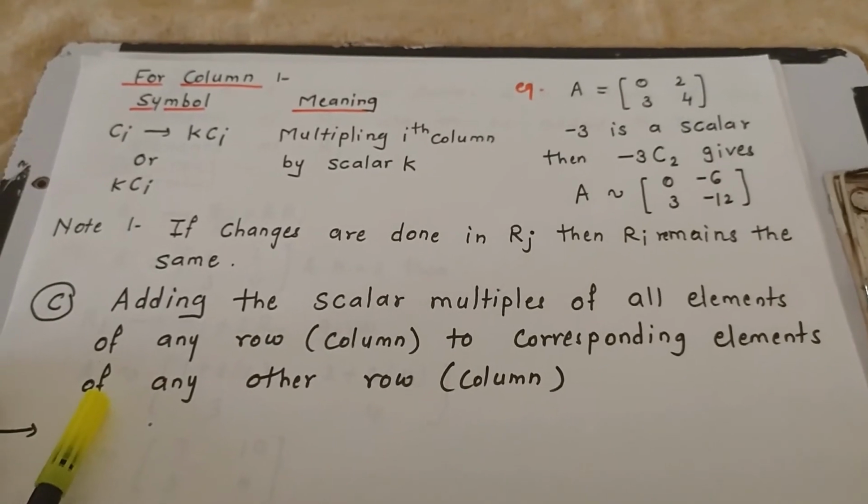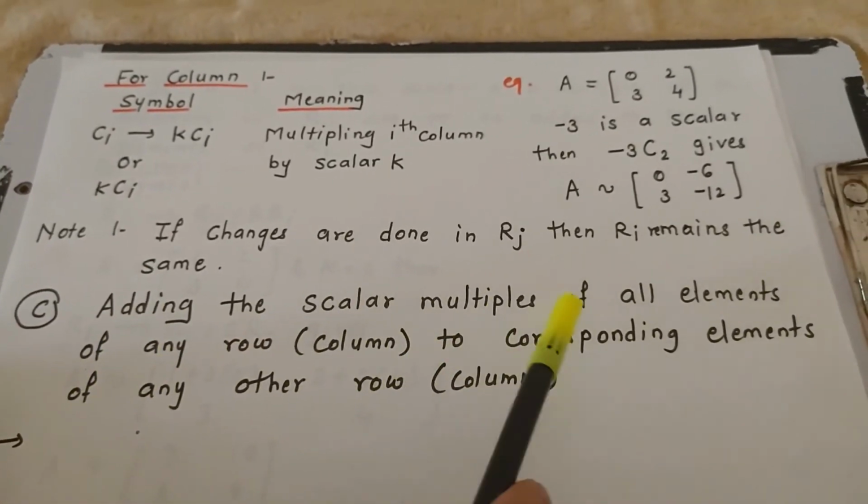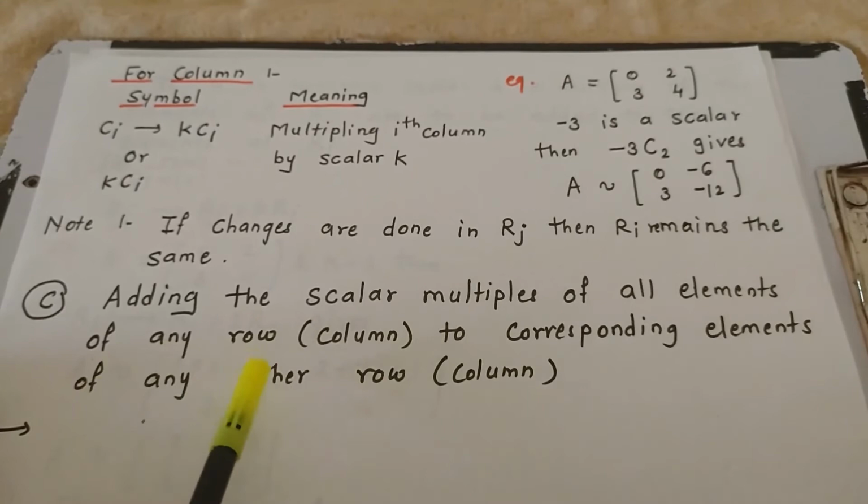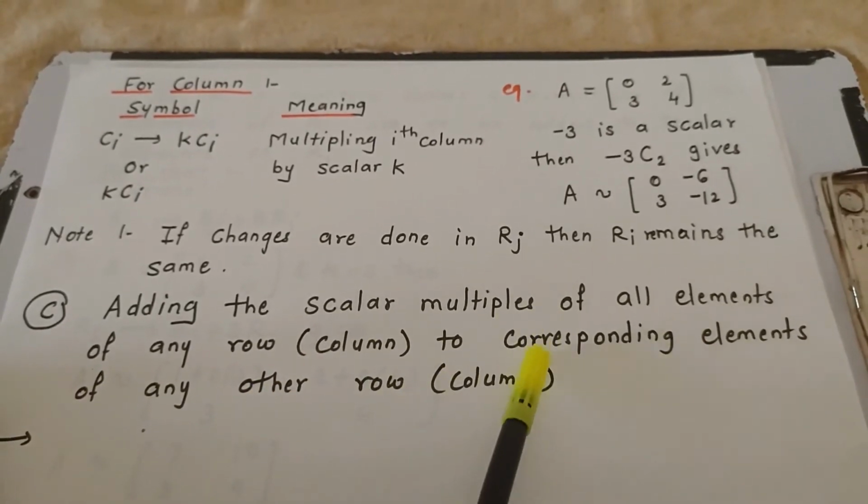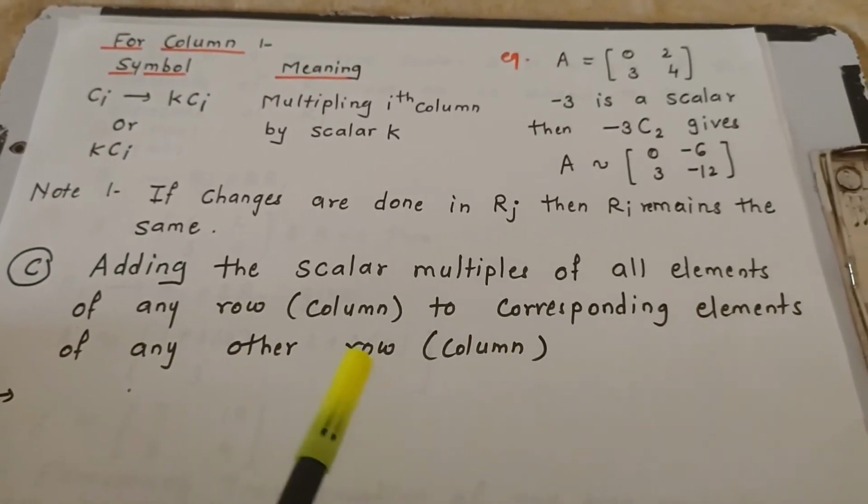Now the third transformation is adding the scalar multiples of all elements of any row or column to the corresponding elements of any other row or column.